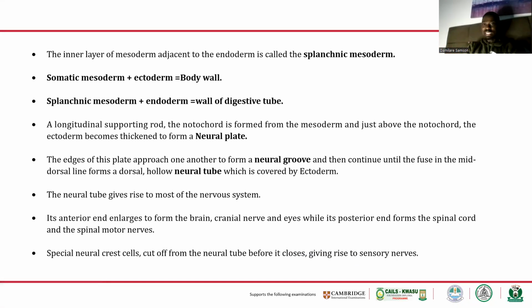Like I said, this is not really to be discussed here, but we are just telling you how the nervous system comes into place, the spinal cord, the sensory nerves, and how they develop. They all develop from the ectoderm, the mesoderm, and the endoderm, so that is the reason why you have them all here. Try to take note of them so that when we get to animal diversity, you will quickly understand where we are going.